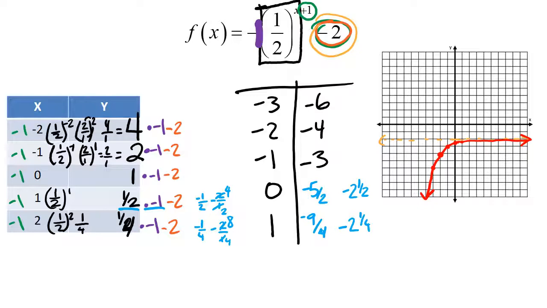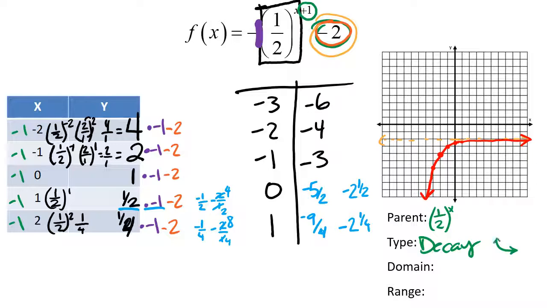Now wait a second. If I identify this information, I have my parent at 1/2 to the x, which implies it's decay. So why is this not going down? It's not going down in the sense of like this because of this negative out front. Look at the negative. So it's a decay function that's flipped. So think about this.